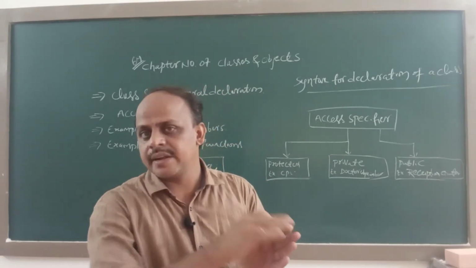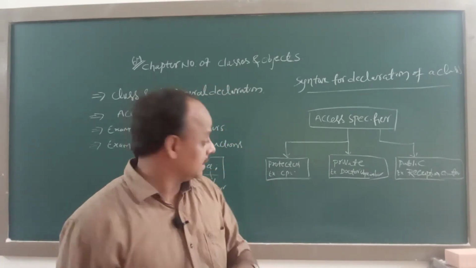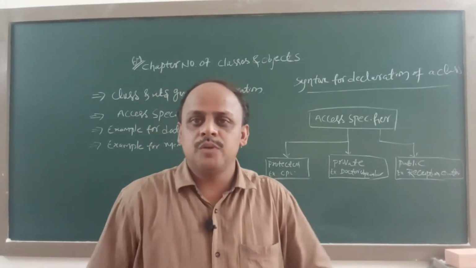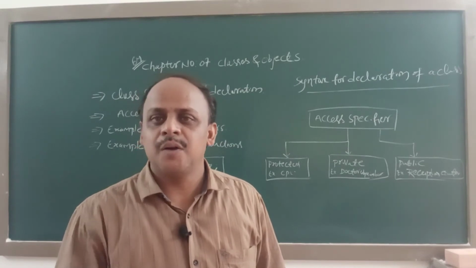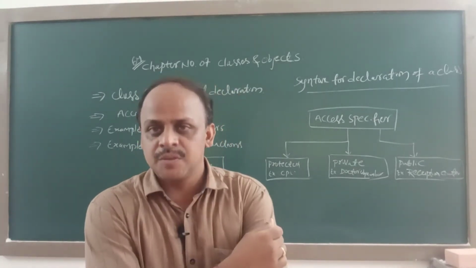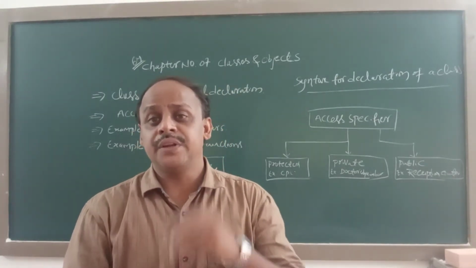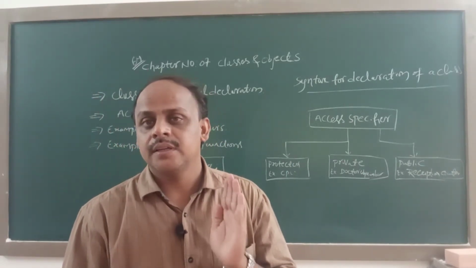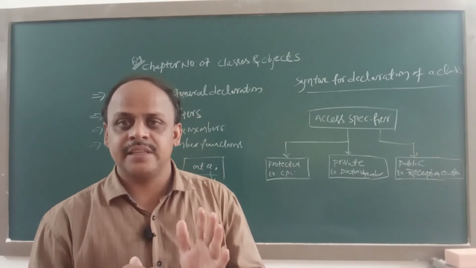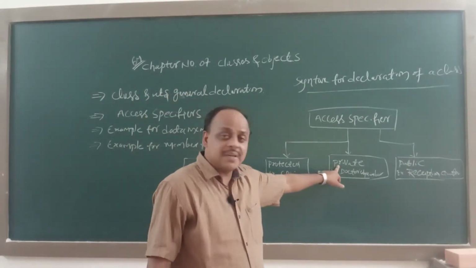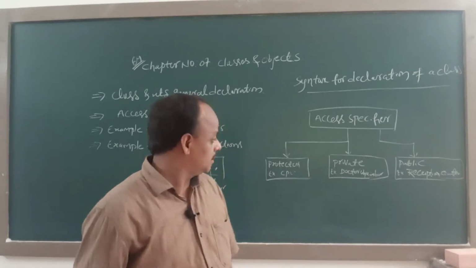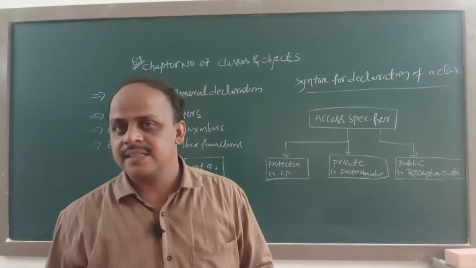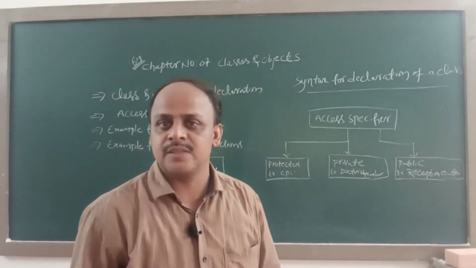Those members cannot be accessed outside the class. Like that, if we want to meet a doctor in the chamber, it is not possible to move easily. We have to meet first at the reception counter, and afterwards we have to take a token, and afterwards we have to wait until our number comes. Some restrictions are there. Like that, if members are declared under private, it is not possible to access members outside the class. They are accessed only within the class.